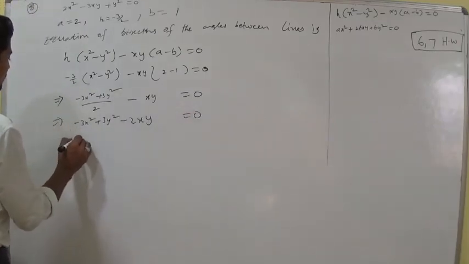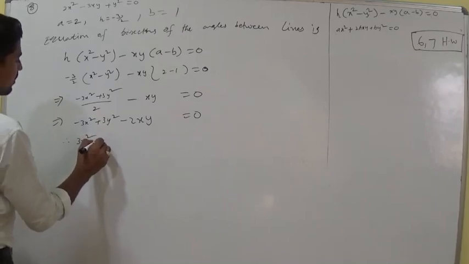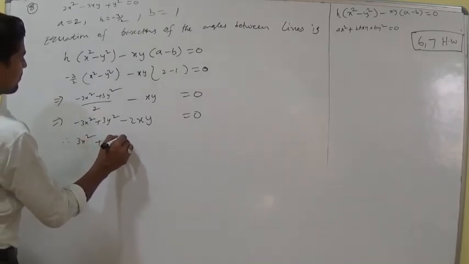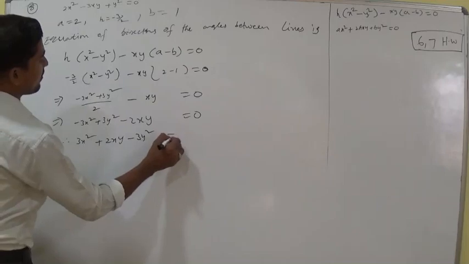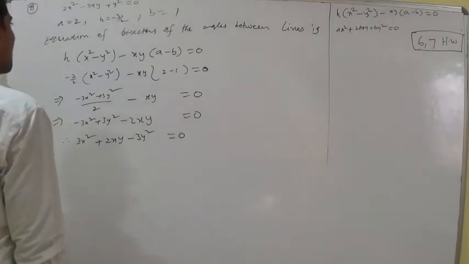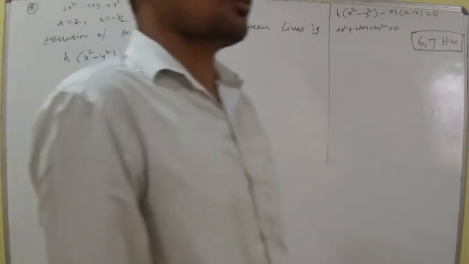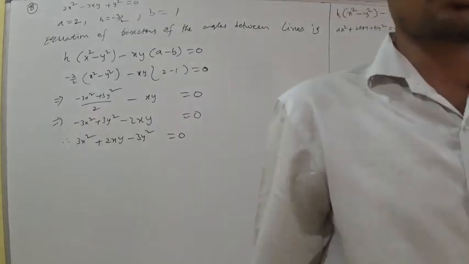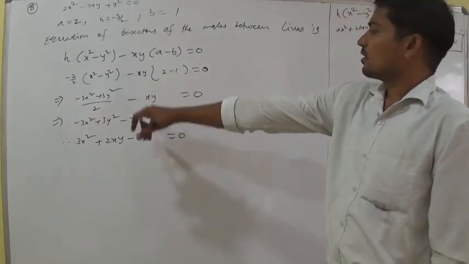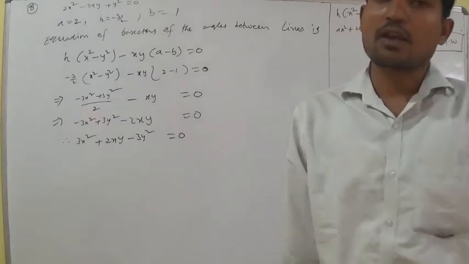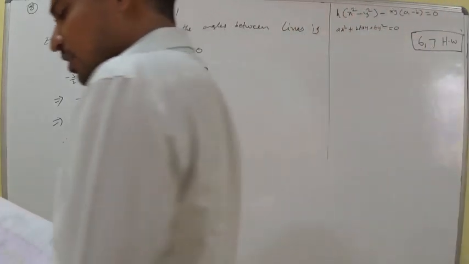Therefore, 3x square plus 2xy minus 3y square is equal to 0 is the equation of bisectors of angles between the lines.